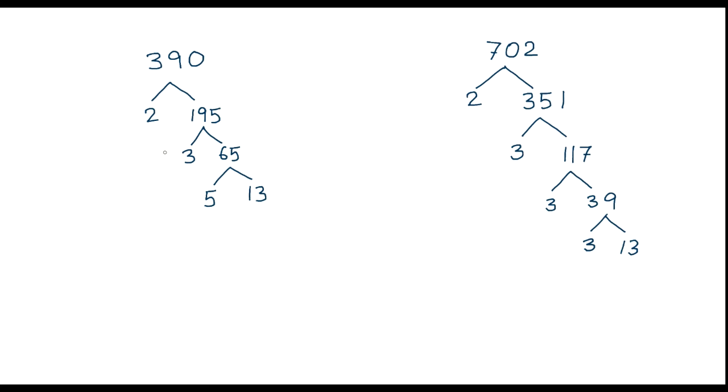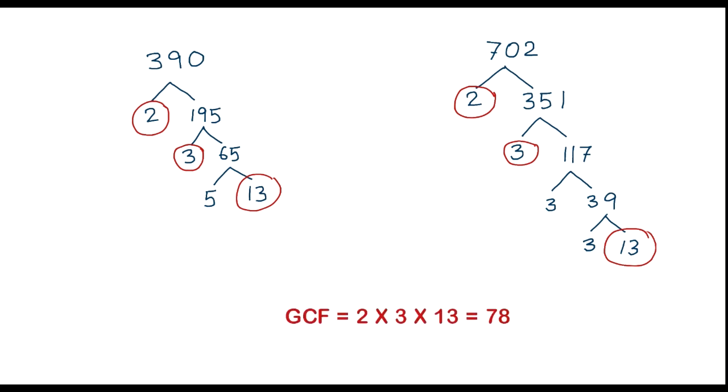Now I will find the common prime factors between them. So these are the common prime factors between these two numbers. The GCF of 390 and 702 is 78.